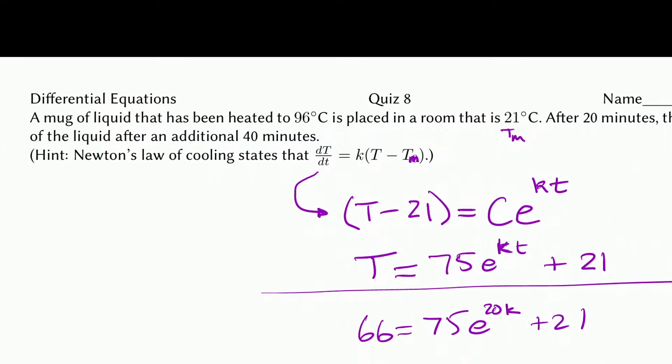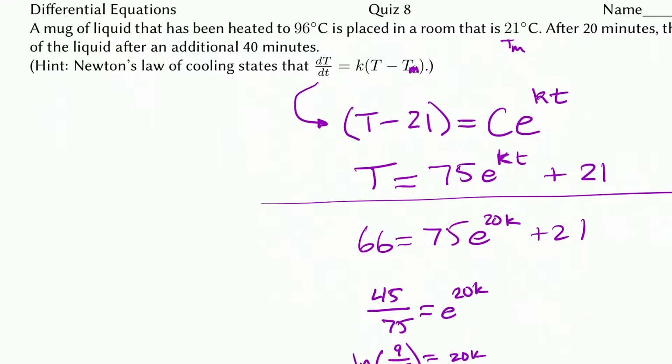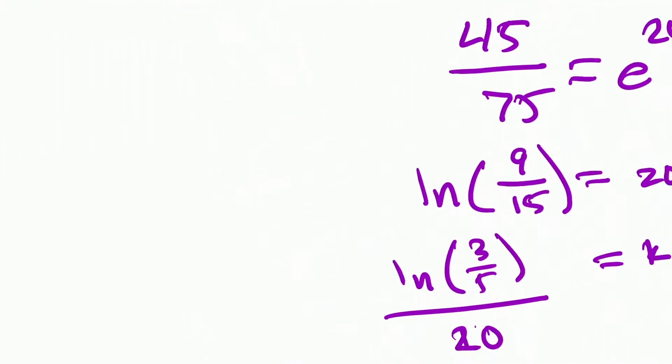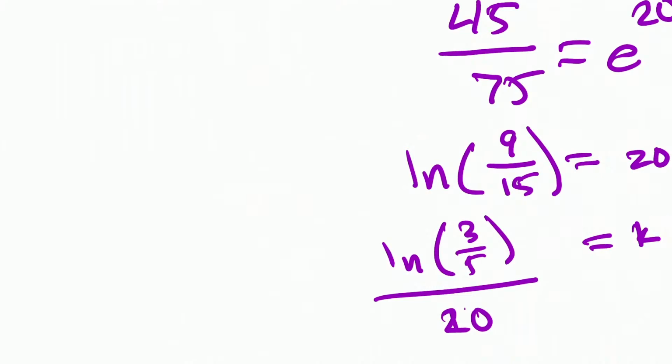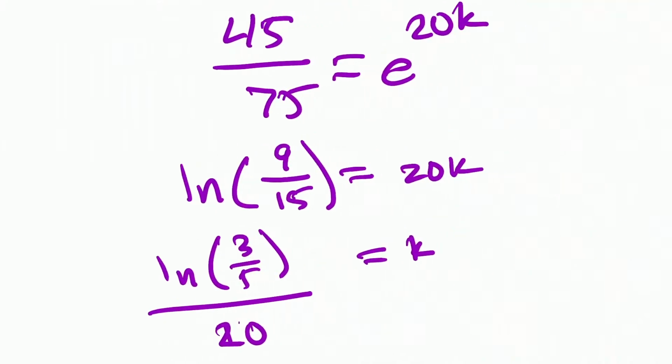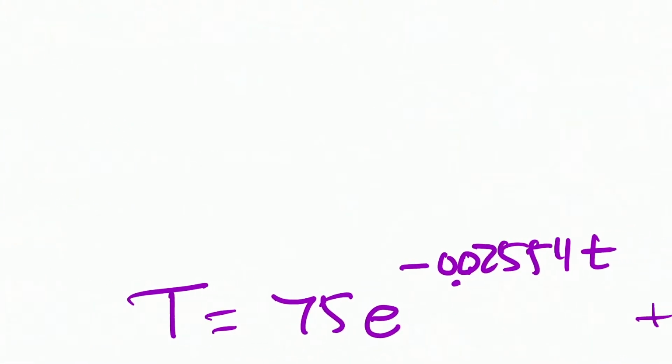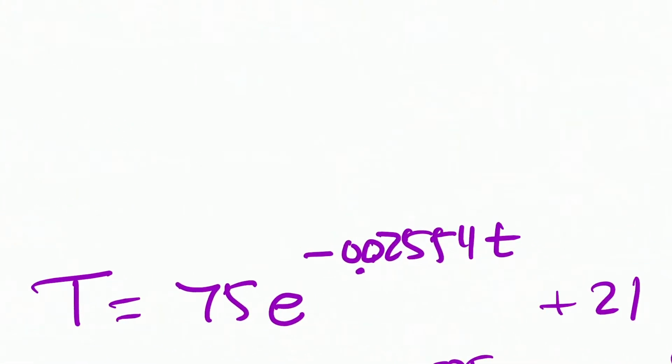Then things maybe went off the rails a bit. It says after 20 minutes, the temperature was 66 degrees. Okay, so you do this and you solve for K. And I got K is equal to, there it is, 0.02554.